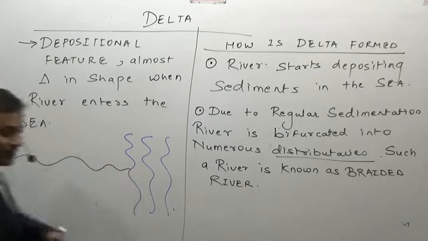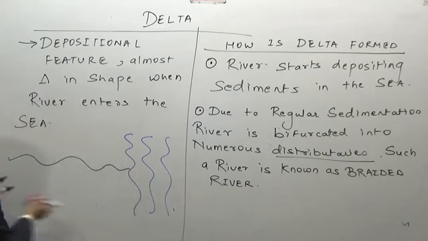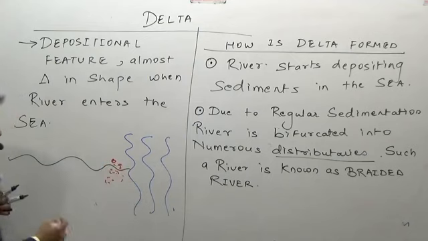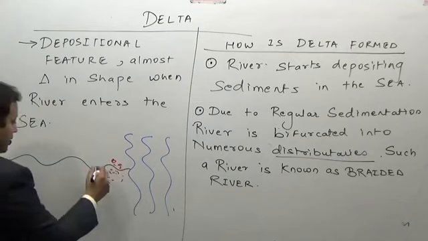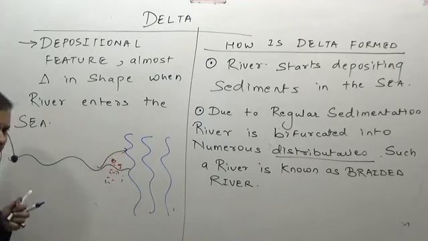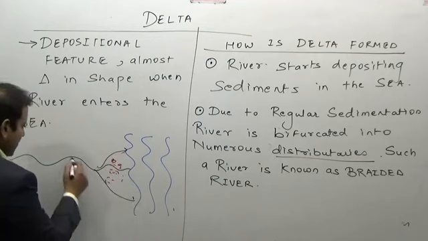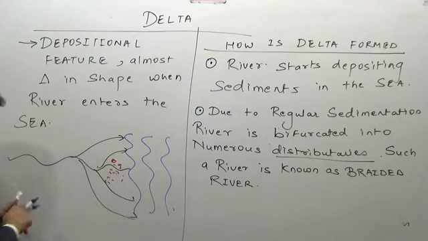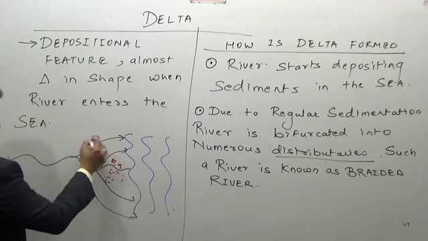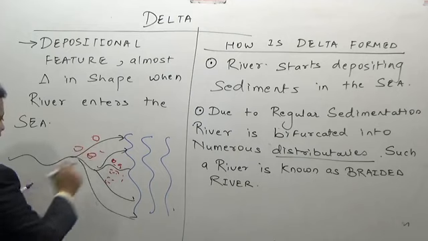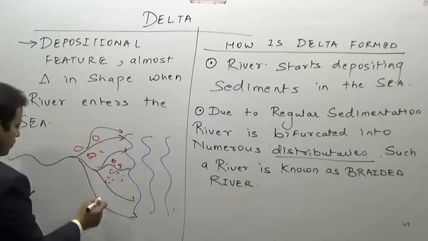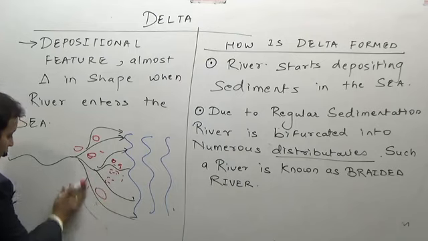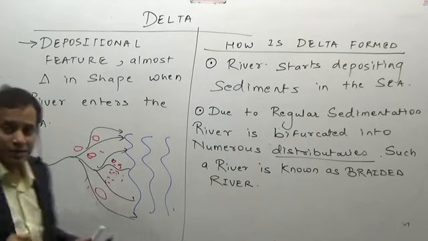If this red color is the sediments, the river will start depositing them. Now the river does not have that much power, so it is divided into numerous channels, with sediments in between, and the river keeps developing more and more channels. This kind of river with too many channels is known as a braided river.